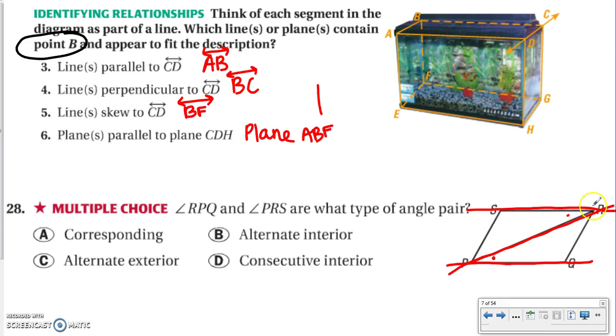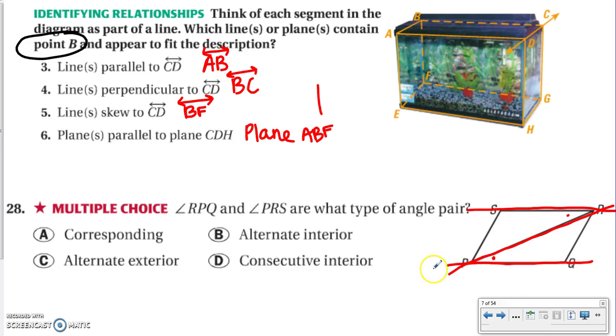So if you look at this, you extended, these are the two lines, this is the transversal. So we extended the lines, and we're going to do something similar today. We extended the lines of this closed figure. I don't want to extend these lines because then that's going to confuse me. The reason why I picked these lines is because these two lines are touching this angle, these two lines are touching this angle.